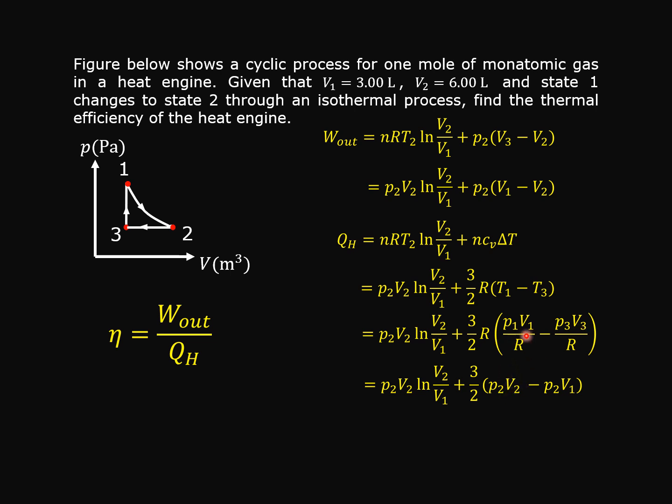But this P1V1 we express as P2V2 based on the isothermal process between state 1 and state 2. Since this is an isothermal process, it obeys Boyle's law. Therefore, P1V1 can be substituted by P2V2. And for this V3, for the same reasons as before, we change V3 to V1.